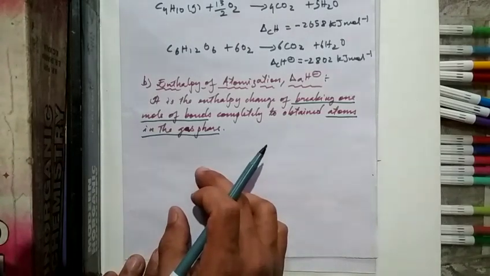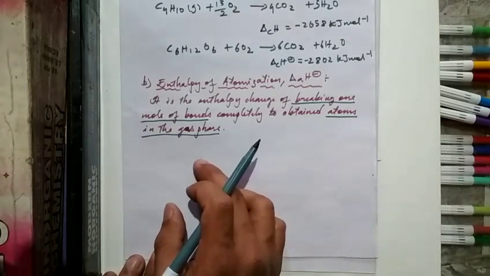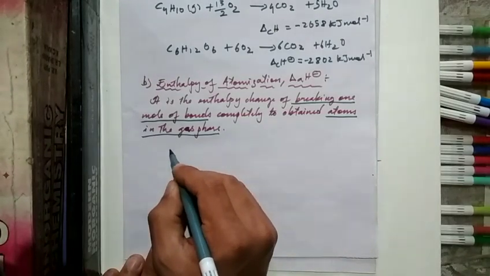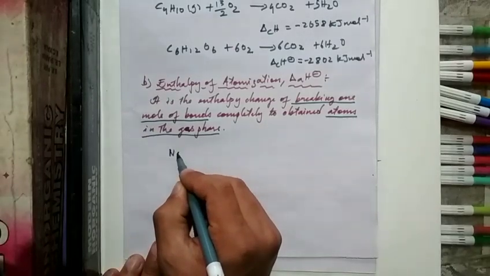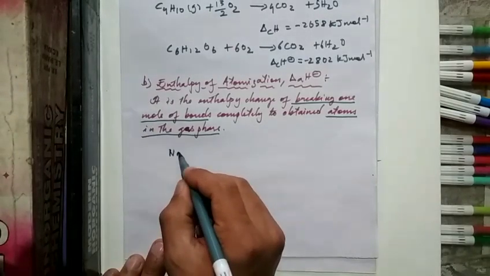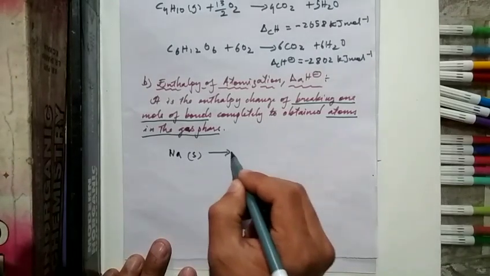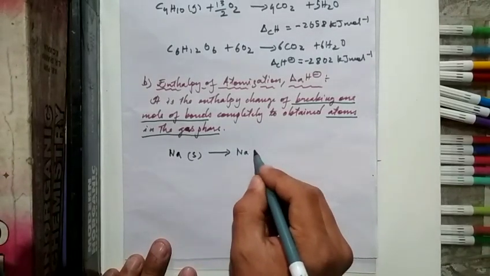Now one of the simplest examples will be this one, Na solid to Na gas.